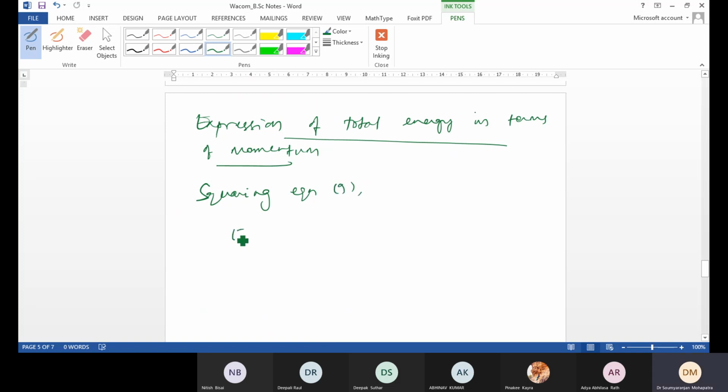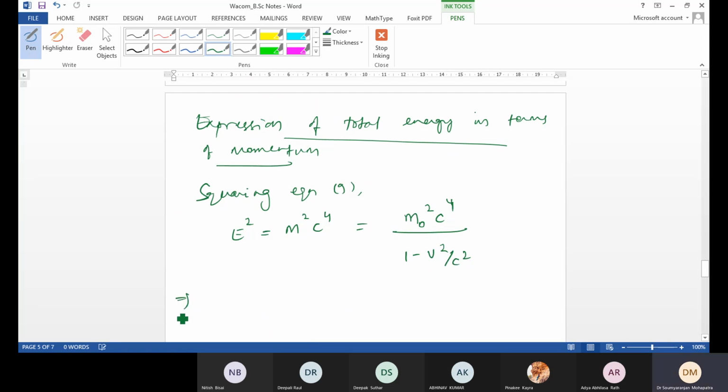squaring equation 9, you got E square is equal to m square c4, that means this is m naught square c4 whole divided by 1 minus v square by c square root over; since it is squared, the root is gone. Okay, so it is m naught square c4 by 1 minus v square by c square.